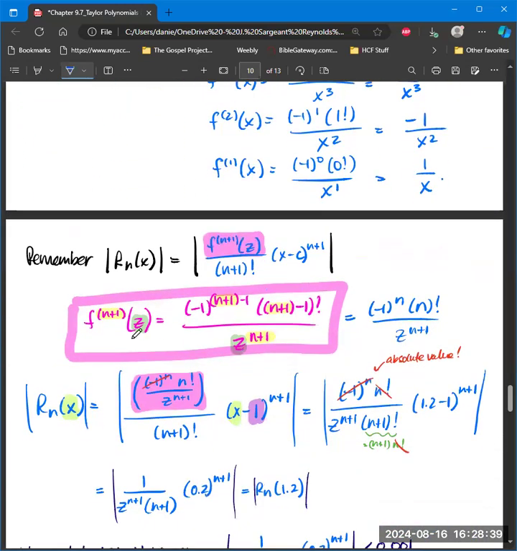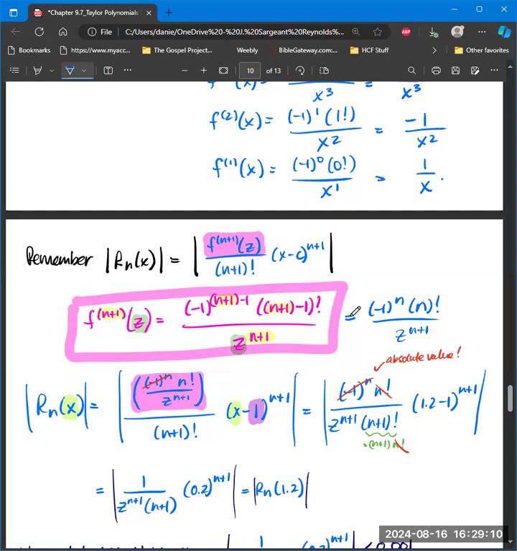Because if we solve this here, we get f^(n+1) of z is -1 to the n plus 1 minus 1, which is part of the formula here, n plus 1 minus 1, again, part of the formula because it's centered at 1, factorial over z to the n plus 1.